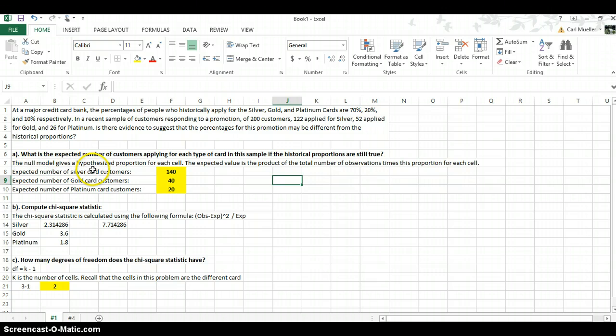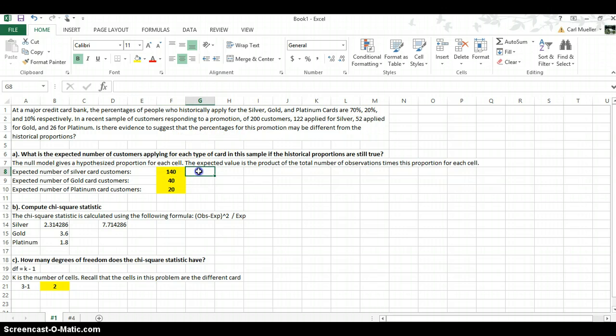So the null model gives a hypothesized proportion for each cell, and the expected value is the total number of observations times this proportion for each cell. So what does that mean? We'll dive right into it, and you'll see it really is just that. 0.7, 70% for silver, as stated in the question, times 200, which is our sample size.